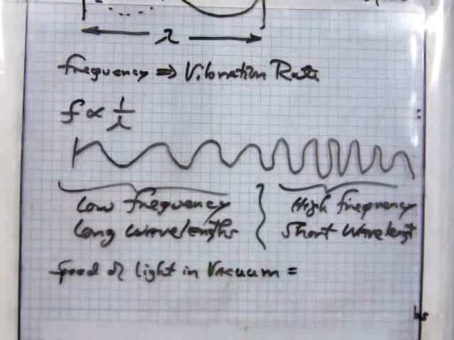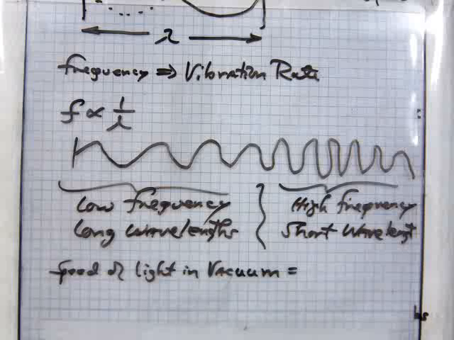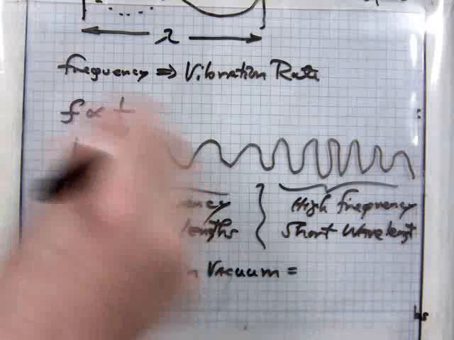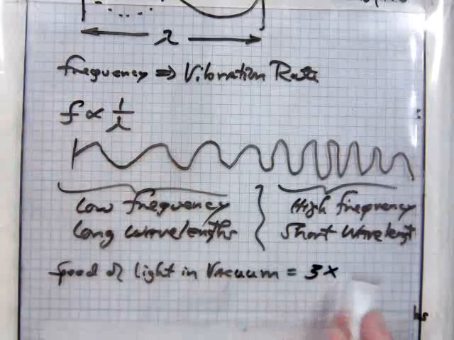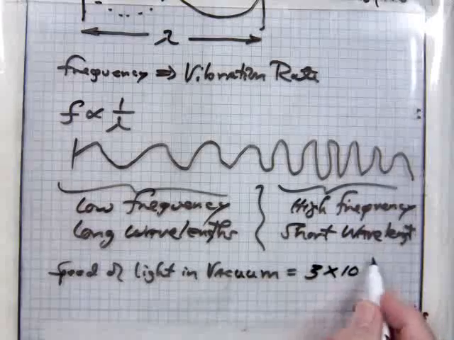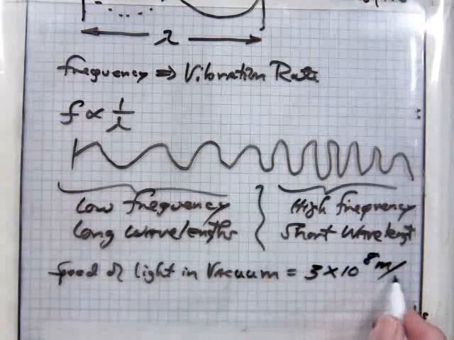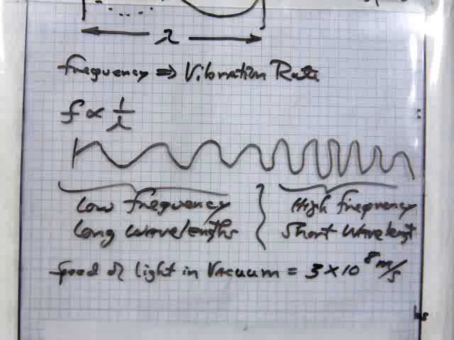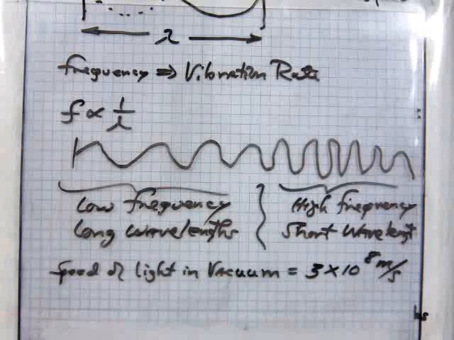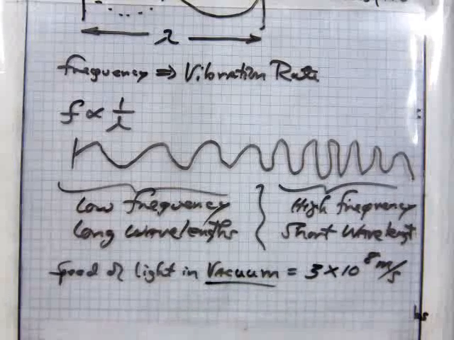And you've heard of 186,000 miles per second. Well, in the work we're going to be doing, we need it in meters per second, and it's 3 times 10 to the 8th meters per second. And that's swift. You can convert 186,000 miles per second to meters per second if you wish to prove it. And that's the speed of light in a vacuum.